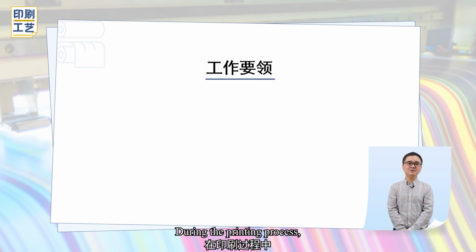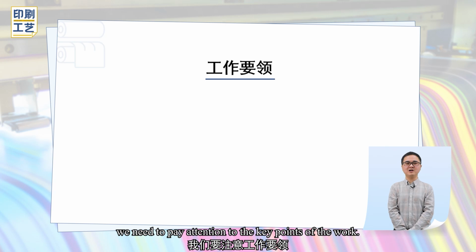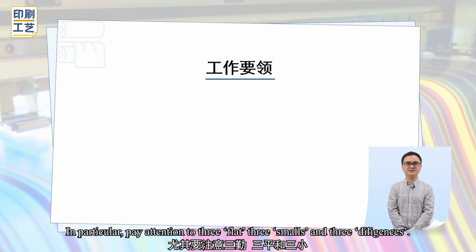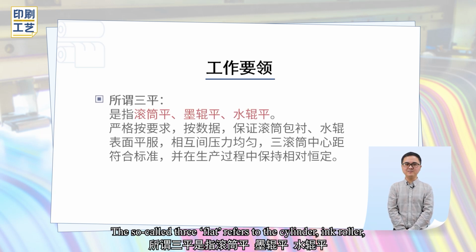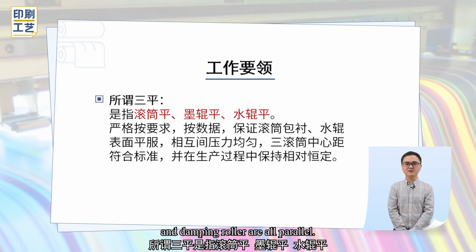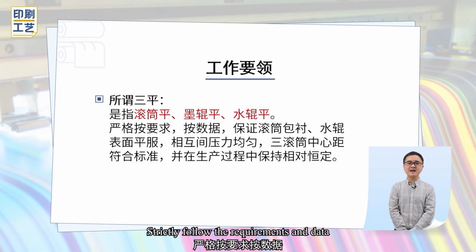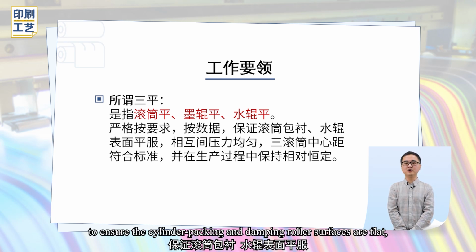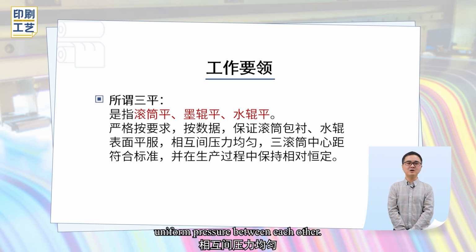During the printing process, we need to pay attention to the key points of the work. In particular, pay attention to 3 flat, 2 smalls, and 3 diligence. The so-called 3 flat refers to the cylinder, ink roller, and damping roller all being parallel. Strictly follow the requirements and data to ensure the cylinder packing and damping roller surfaces are flat, with uniform pressure between each other.